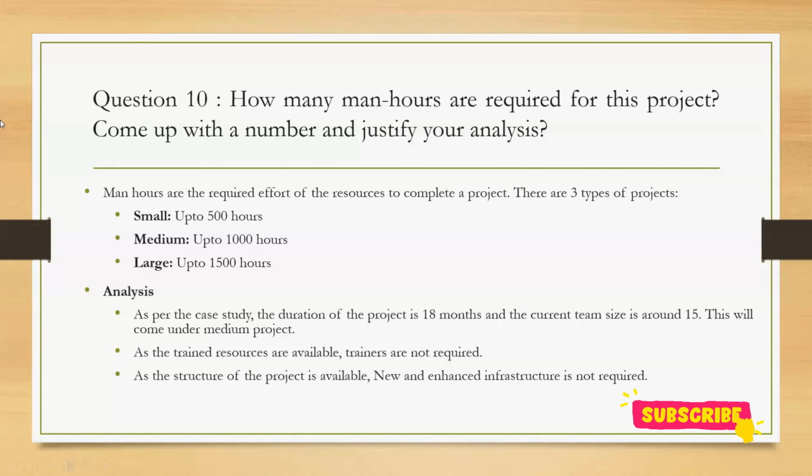Suppose he's working for 40 days. I'm just giving an assumption. Okay. So 40 days into how many hours he is working, 8 hours, into per hour rate. Let us consider it is $10 or $5. Just give that amount so that you'll be getting the total. Like this you would be calculating your man hours. So this is all about your question. Okay.